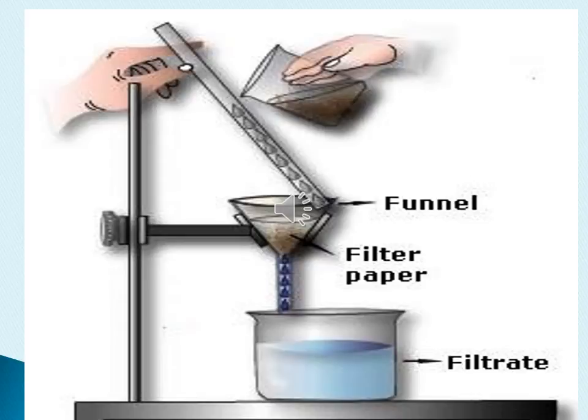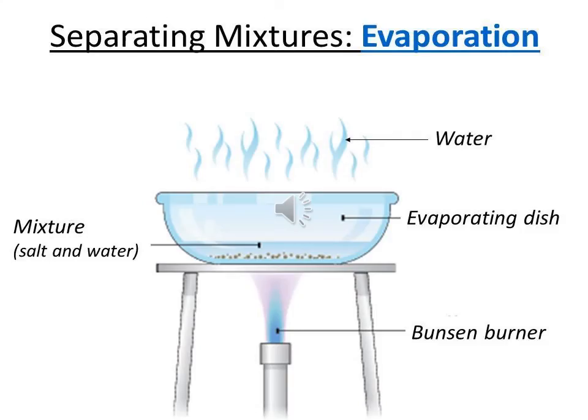Now, children, look at separation by evaporation. Separating a mixture by the process of evaporation. Here you see the Bunsen burner, heat, evaporation basin, solution, solvent vapor.